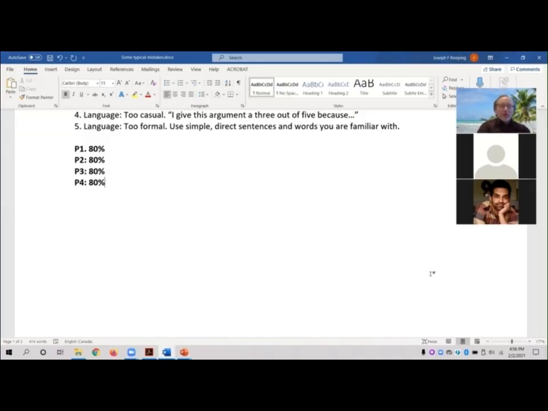What is the likelihood of the conclusion being true? I'm going to pretend that somebody just said 80%. Is it 80%? No, it's not 80%. The reason why is because in order for the conclusion to follow, all 4 of the premises have to be true at the same time.